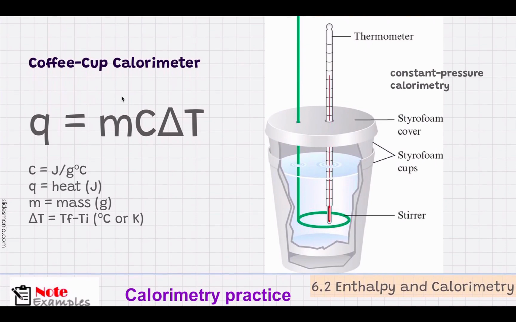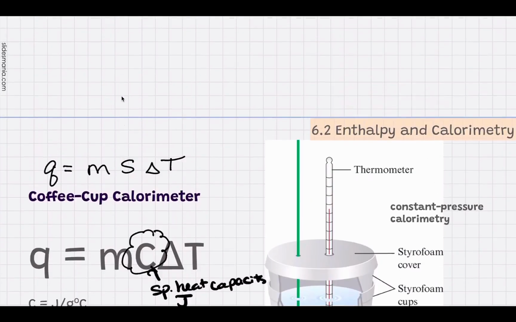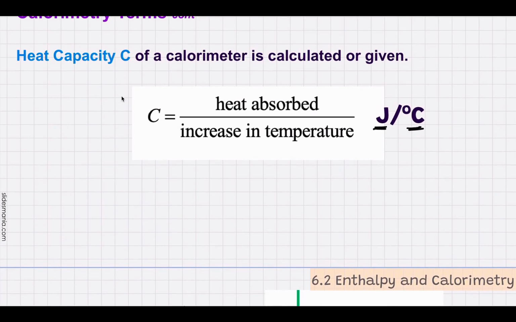If you remember MCAT, it's an easy way to remember this equation. In the book, they do an S for the specific heat capacity, just so they don't get the 2 C's confused. But this C is the specific heat capacity, and it's going to always be in joules per gram degrees Celsius, whereas the other C is in just joules per Celsius.